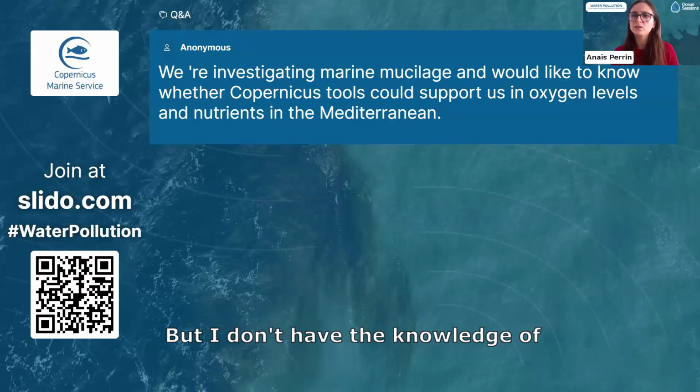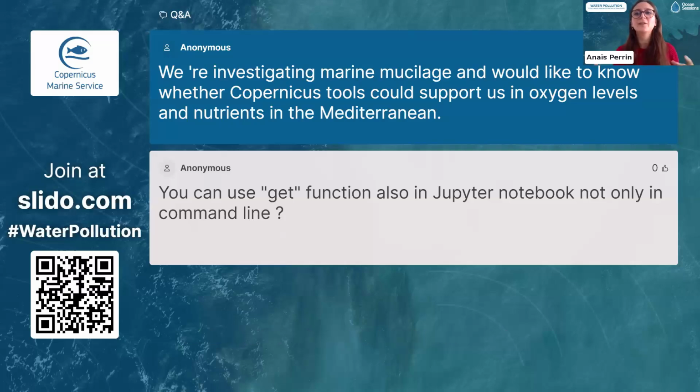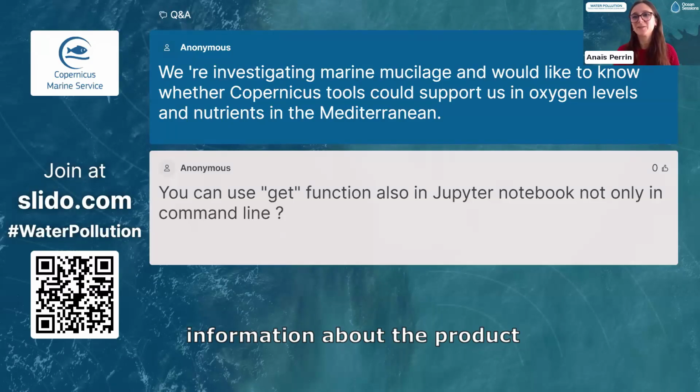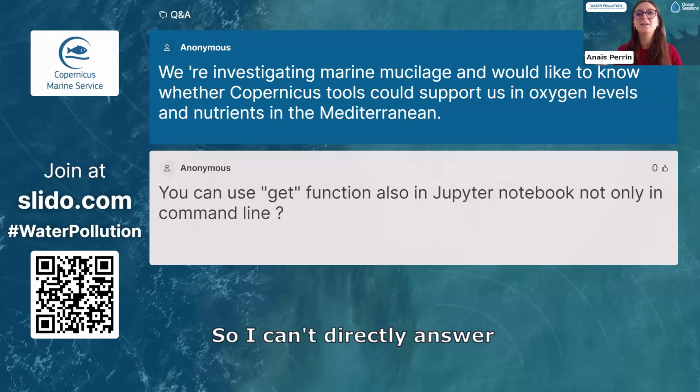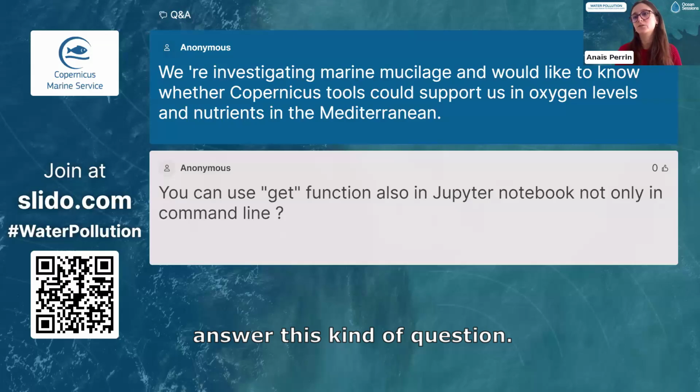I don't have knowledge of the full catalog and all the information about the products themselves, so I can't directly answer your question, but we have our AI assistant Blue, who is trained to answer this kind of question.